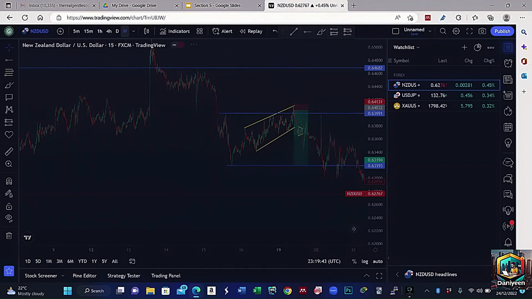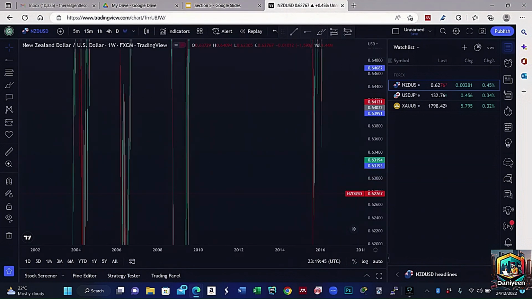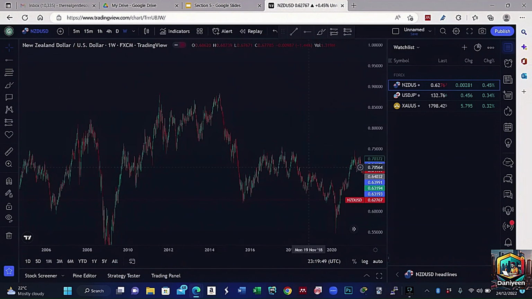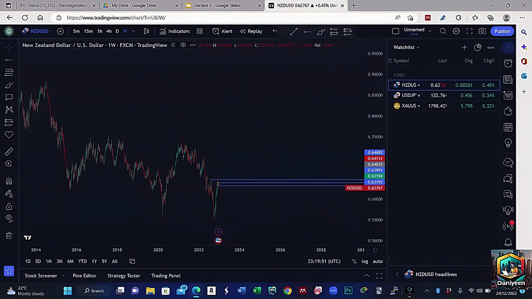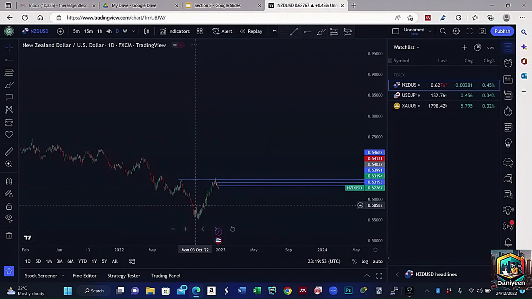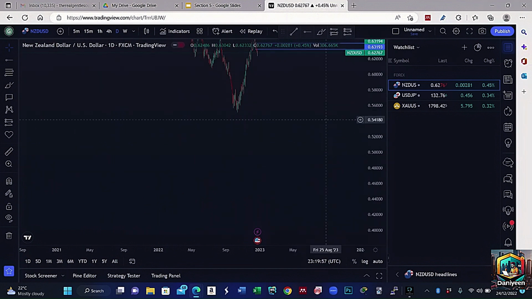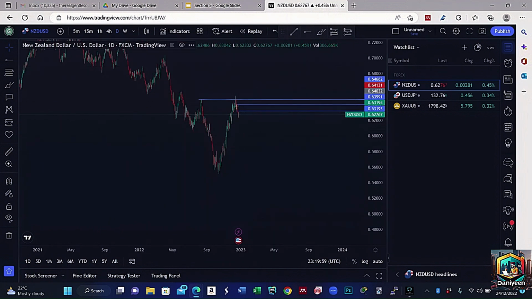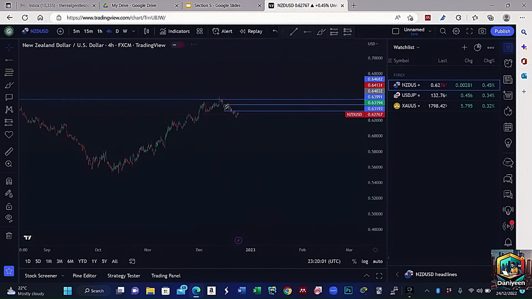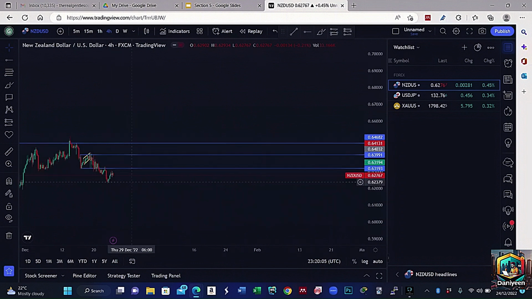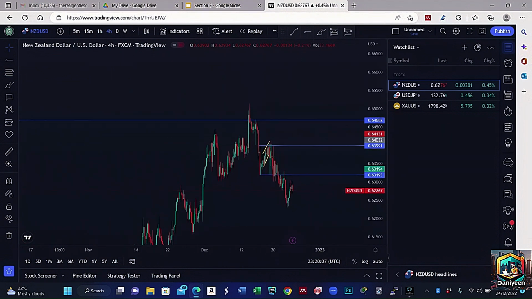So from top down analysis, let me recap. Weekly time frame, there is a double top that we considered. Then we went to the daily time frame, and we saw that it is already in a bearish movement. Then we went to the 4 hour time frame, and we were trying to catch the continuation of the movement.